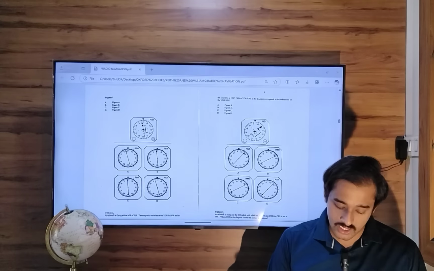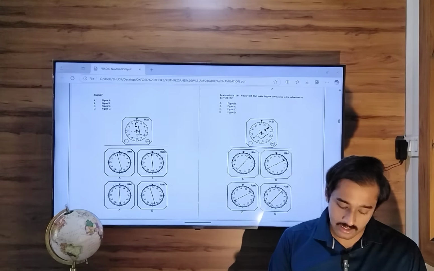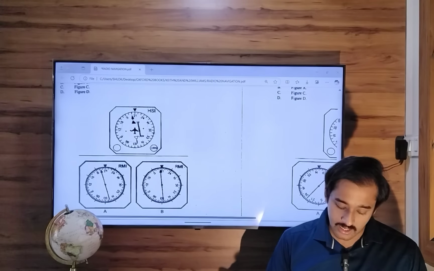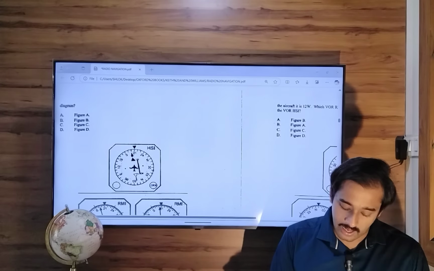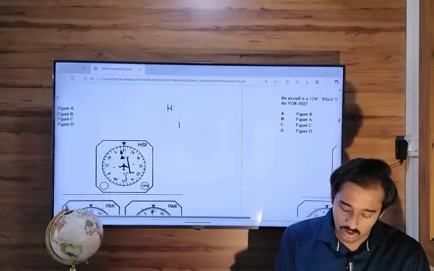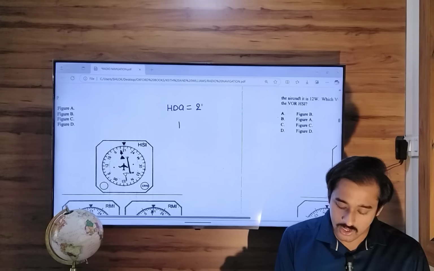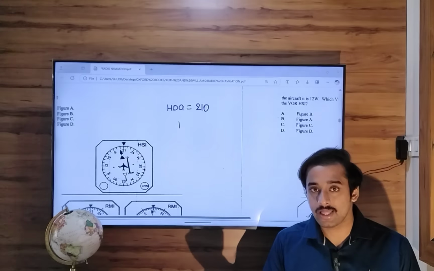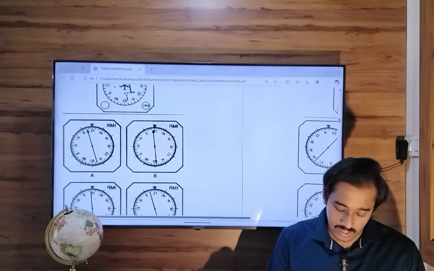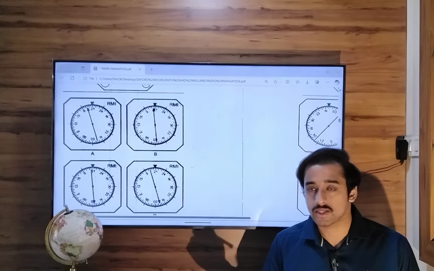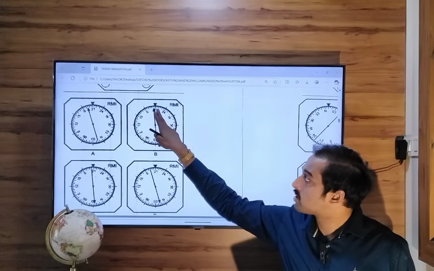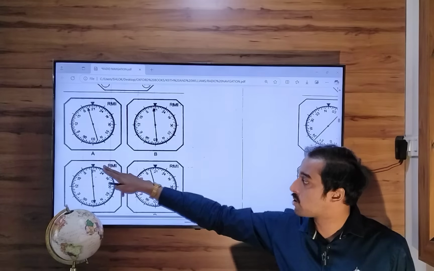So let's look at the HSI first and interpret the data given. We are flying on a heading of 210, so all your RMI indicators will also show 210. So 210, 210, 210, 210.